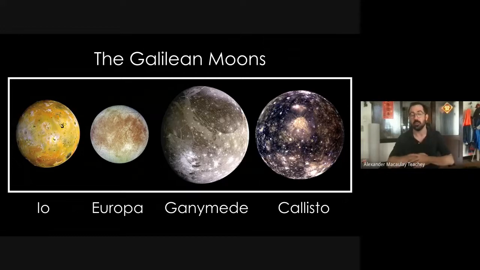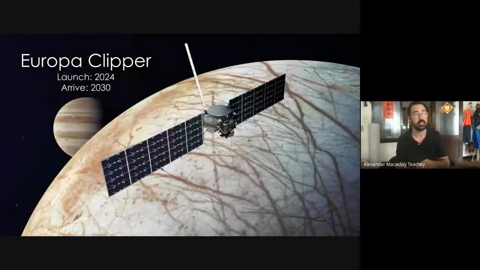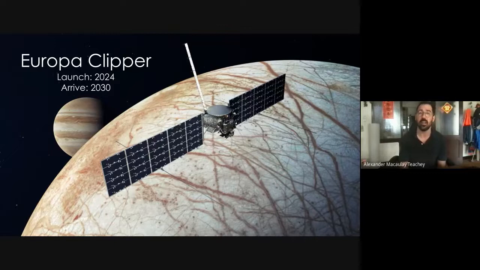It's one of the most attractive astrobiological targets, covered in ice, but underneath that ice is a global liquid ocean. And so if we're looking for liquid water, this is a great place to look. And so we are sending a dedicated mission to Europa in the next few years, launching in 2024, scheduled to arrive around 2030.